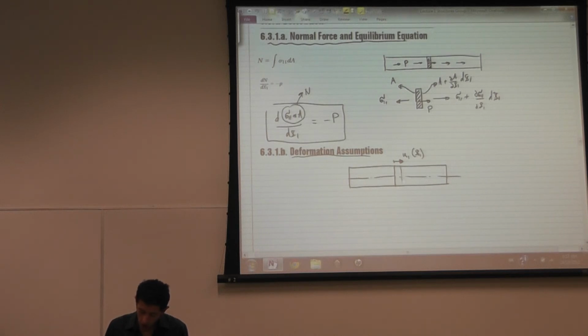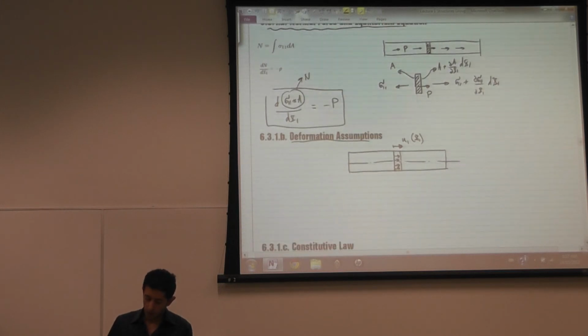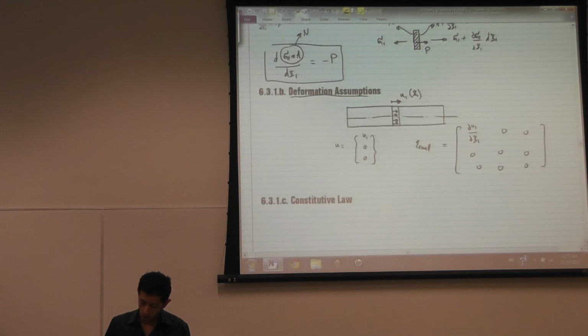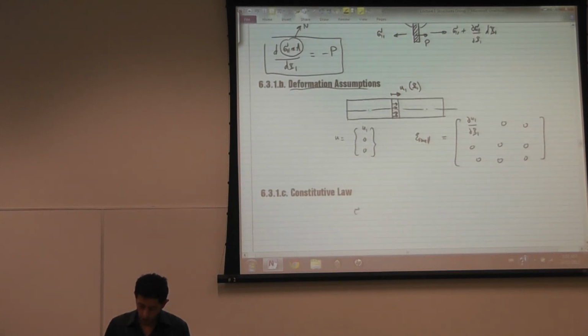Because the only thing I have is u1, and 0, 0, the small strain will be equal to partial u1 by partial x1, and everything else is zeros. Because everything else is zeros, I can say that sigma 11 is equal to E epsilon 11, which is equal to E du1 by dx1.